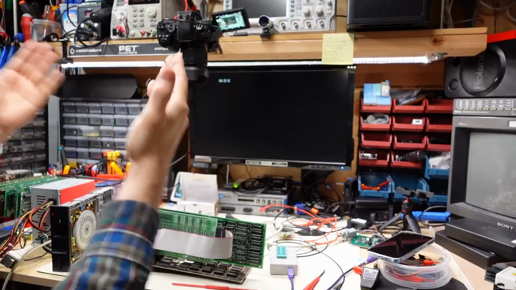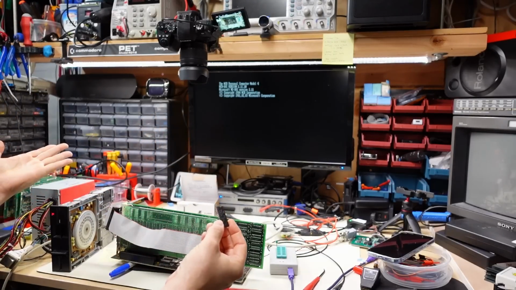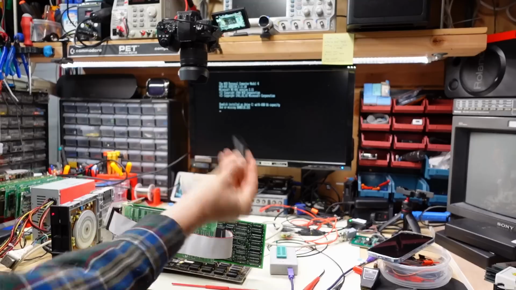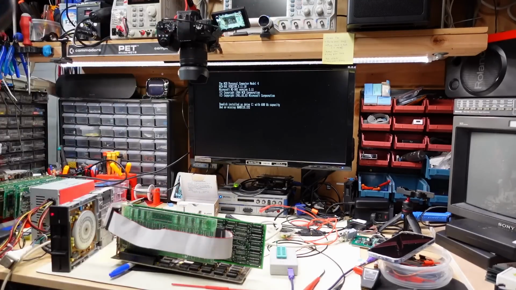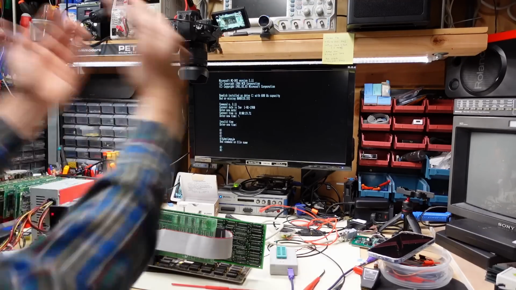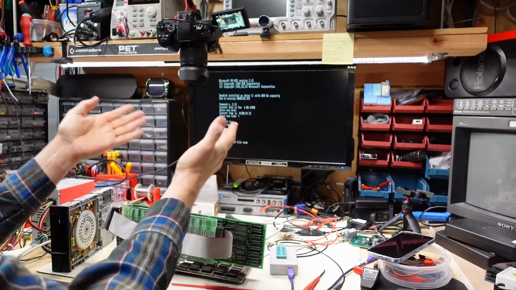It's actually working. It's booting the computer and everything. Look, this chip failed! I can't even believe it. That is one working IBM PC 5160 motherboard.